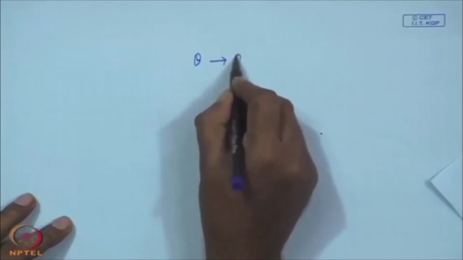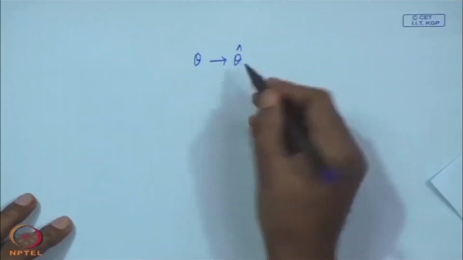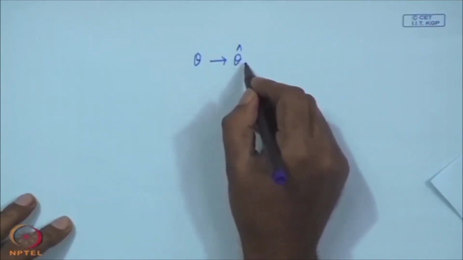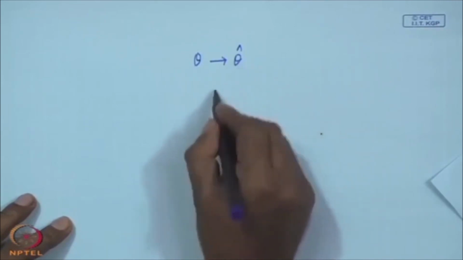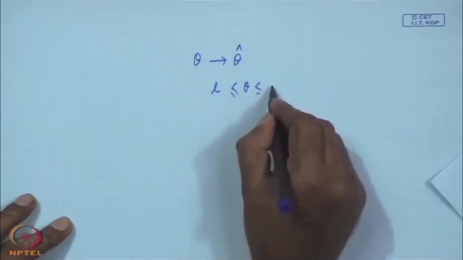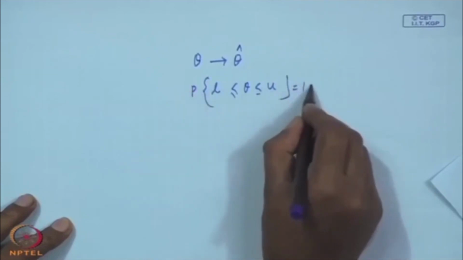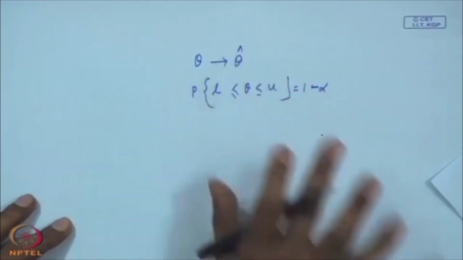Basically, if you want to understand the meaning of interval estimation, suppose there is a population parameter theta and you have estimated theta cap using some sampling distribution. Let the theta cap have a particular distribution. Then you are doing l less than or equal to theta less than or equal to u, with probability 1 minus alpha, using the theta cap value.